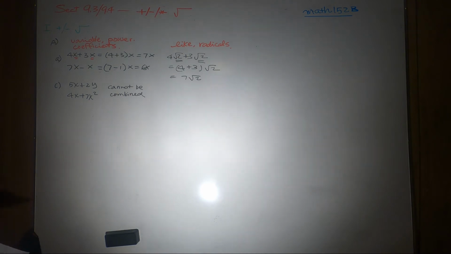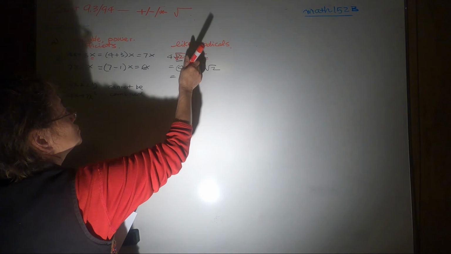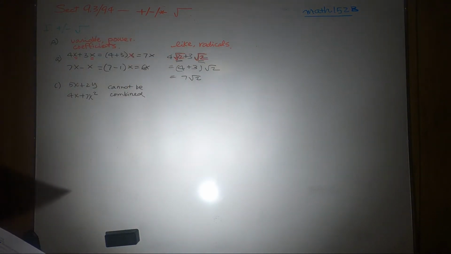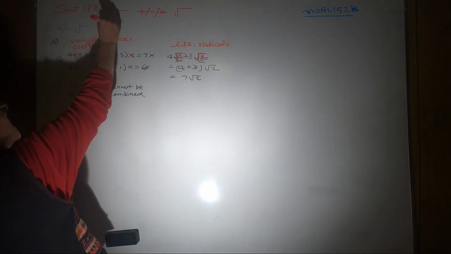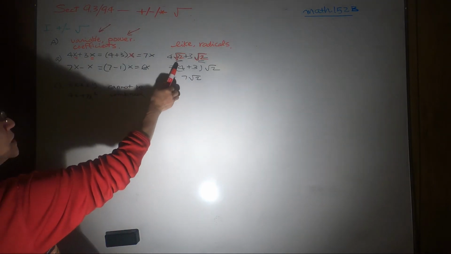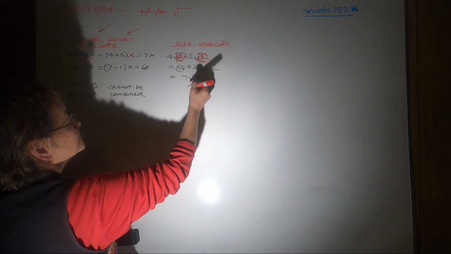If they are alike, like those both are square root 2, treat it as your x. In the same fashion, what kind of things are like radicals? Here it is the same variable, same power. For radicals it means the inside is the same.